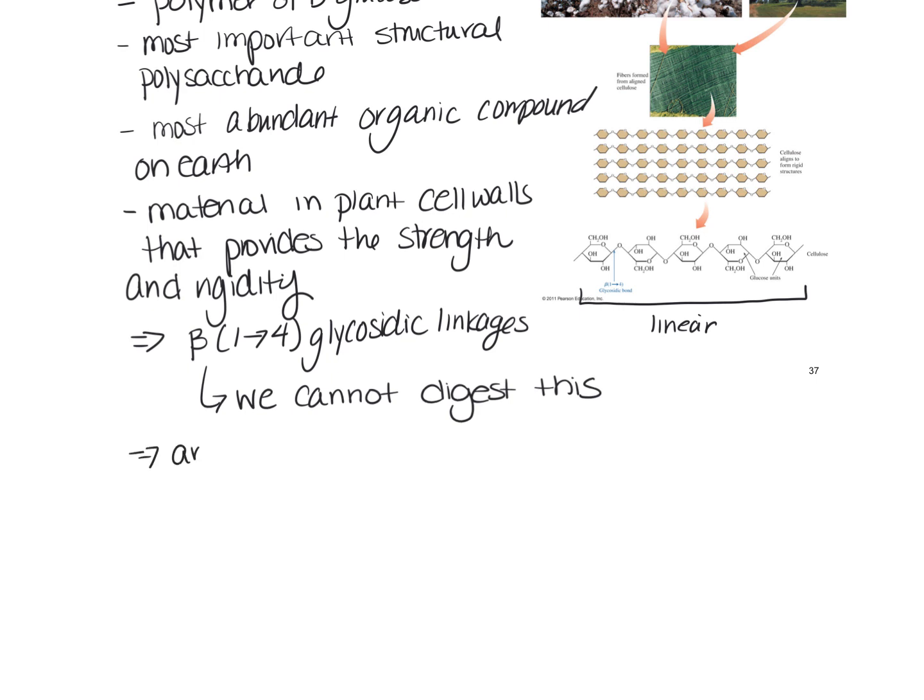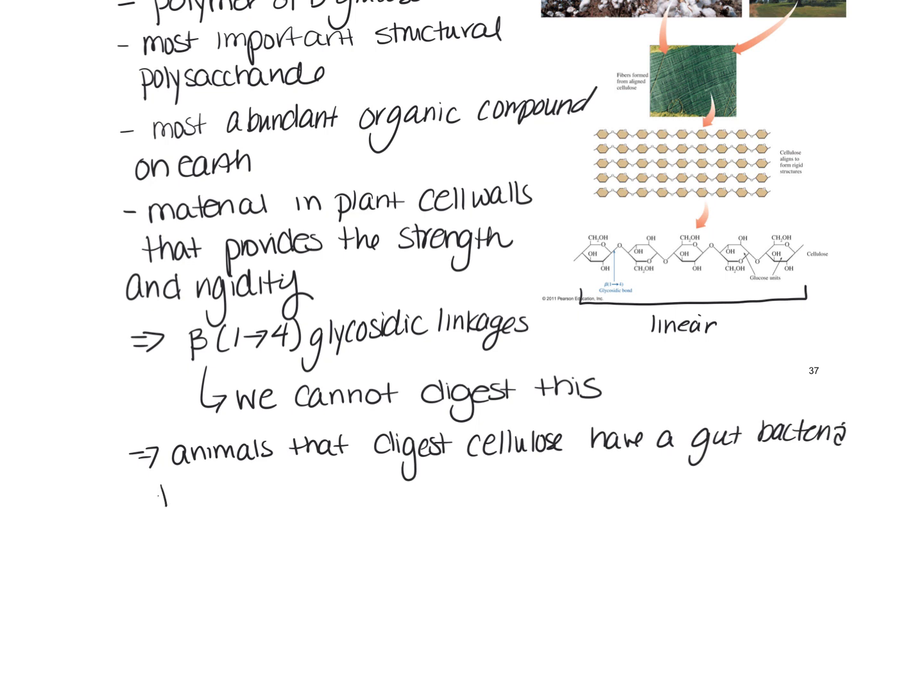So animals that digest cellulose have a gut bacteria that can digest the beta 1,4 glycosidic linkages.